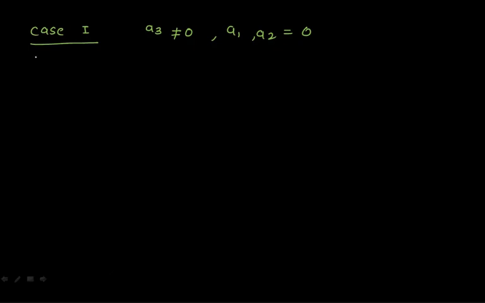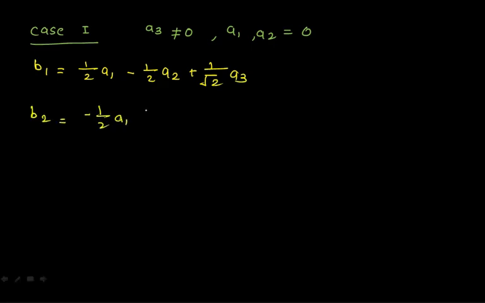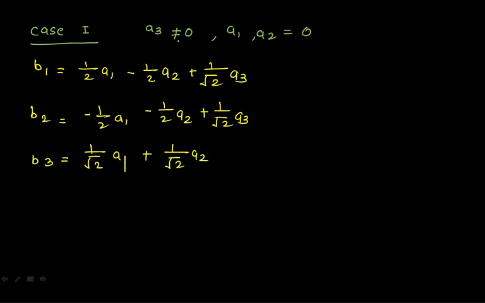So B1 is equal to 1 half A1 minus 1 half A2 plus 1 by root 2 A3, and similarly B2 will be minus 1 half A1 minus 1 half A2 plus 1 by root 2 A3, and B3 is equal to 1 by root 2 A1 plus 1 by root 2 A2. If input is given only at A3, B3 will become 0 in this case.